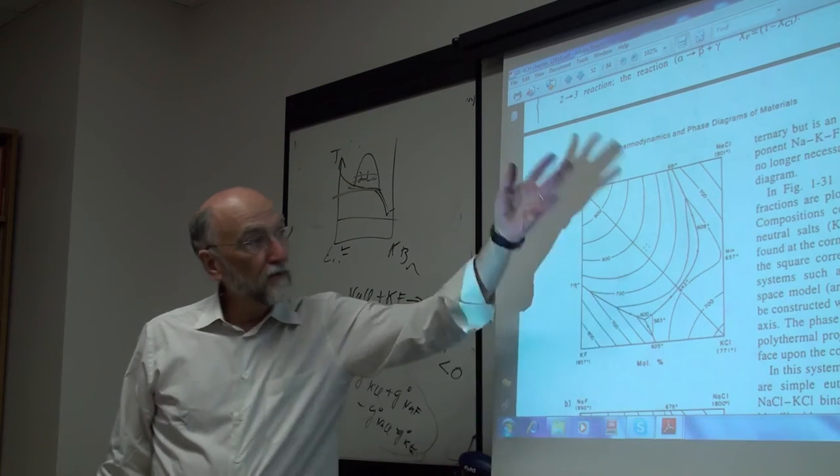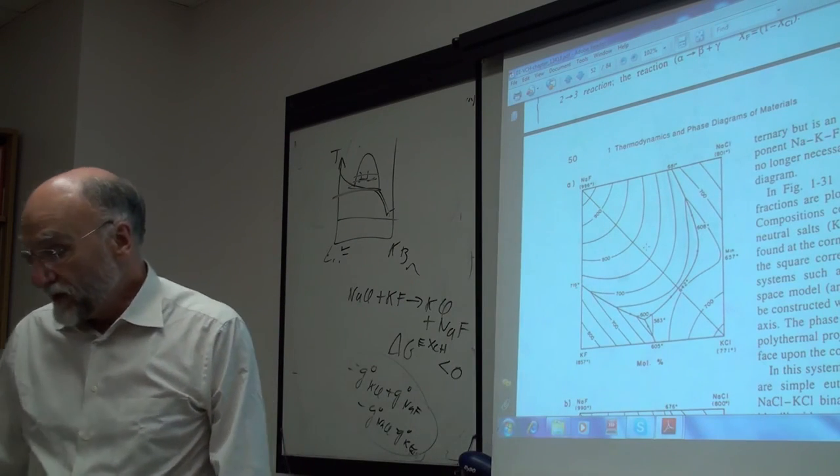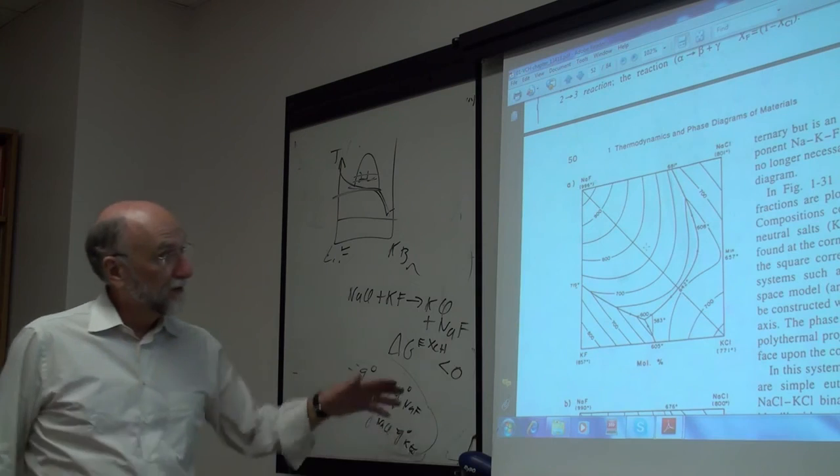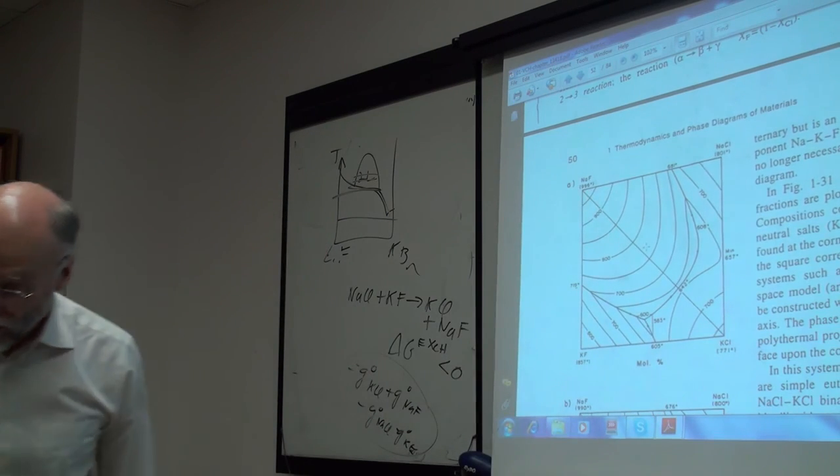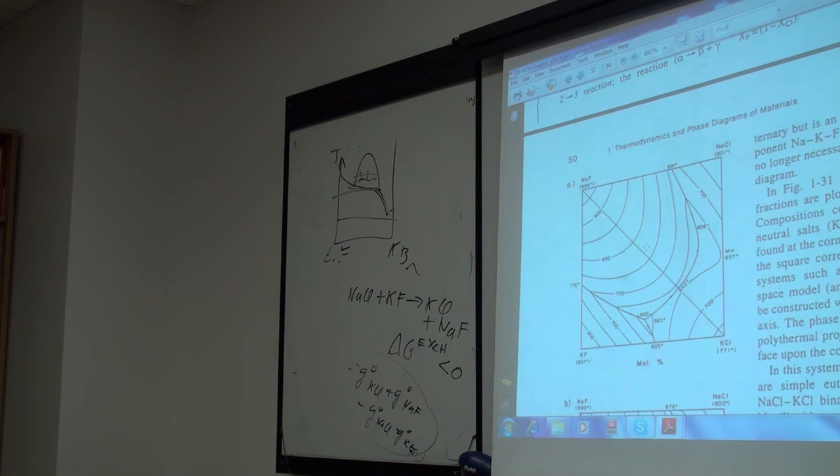The second nearest neighbor effect is really a second thing. And this, however, is not given by your binary optimizations. This is an independent term. As this delta G exchange gets even bigger, then you get a separation into two liquids. Okay, so that's the most important term.